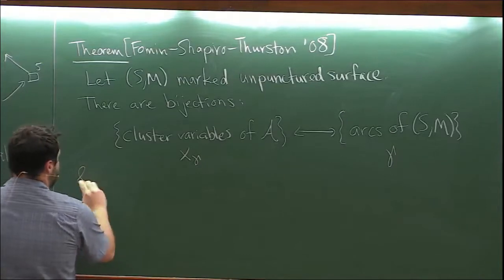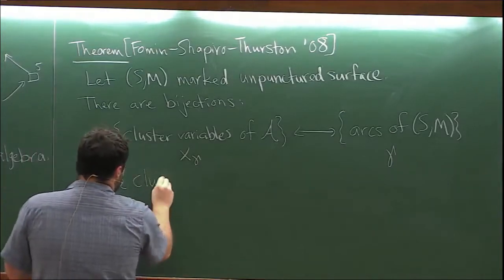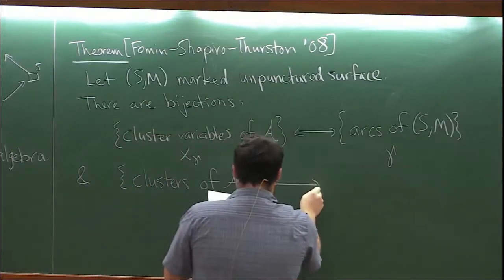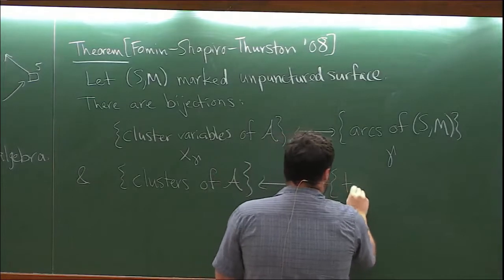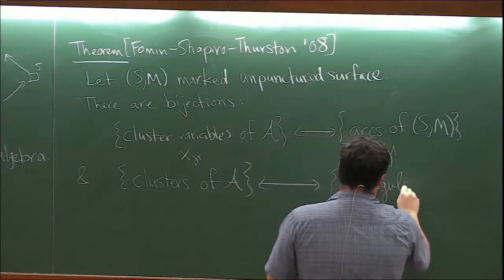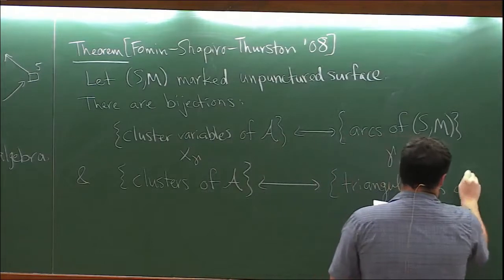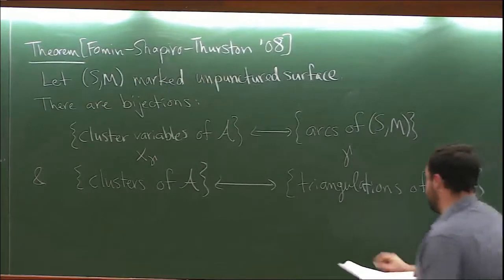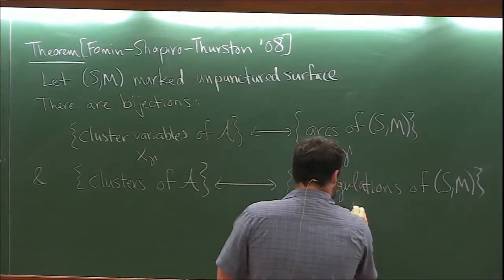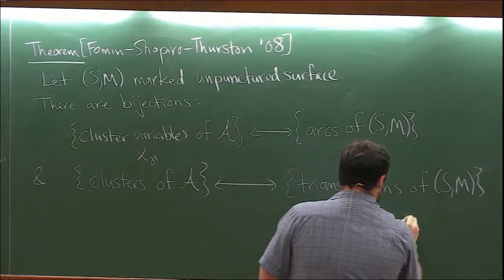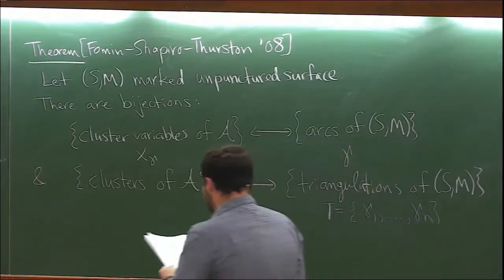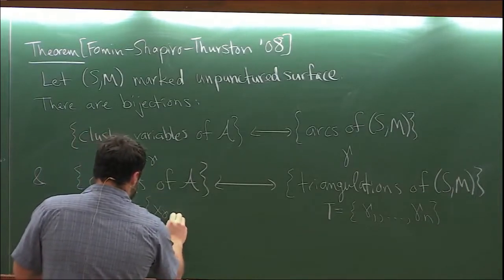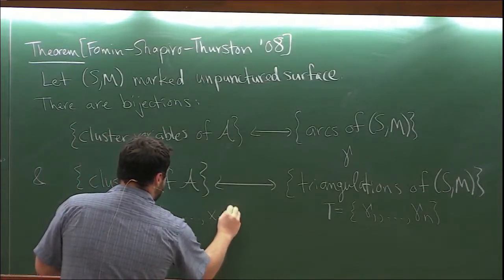And clusters in the cluster algebra are in bijection with triangulations of this unpunctured marked surface. Okay? So if I have a triangulation, gamma 1 through gamma n, I get a cluster for this triangulation, x gamma 1 through x gamma n.